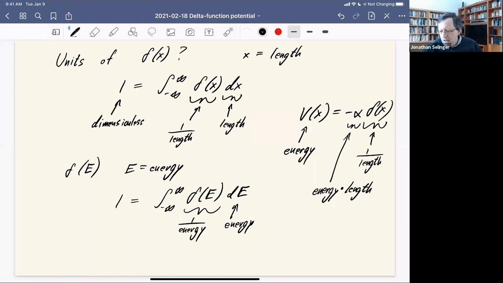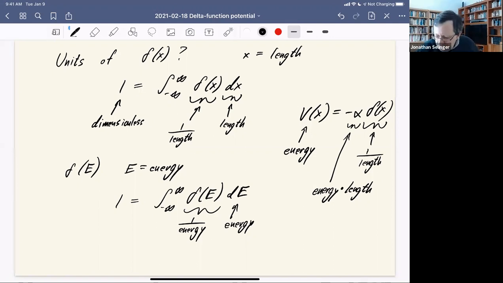And so, with whatever equations we derive in the end, we should be able to check the units, right? And see wherever alpha goes, we should be able to plug in that it's an energy times a length and make sure that that gives us the right units for whatever we get.